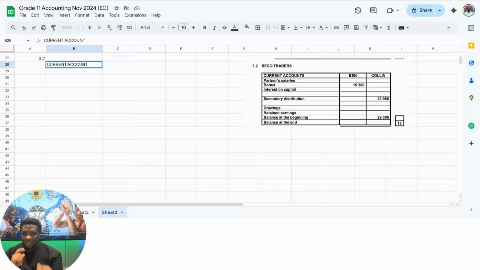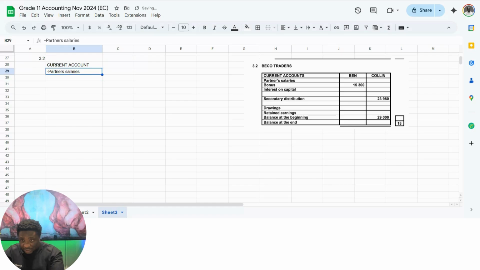All right, so let's start now and see. The first thing we need to work out is the partners' salaries. So we've got our partners, Ben and Colleen. We've got our partners' salaries, our bonuses, and then our interest on capital.